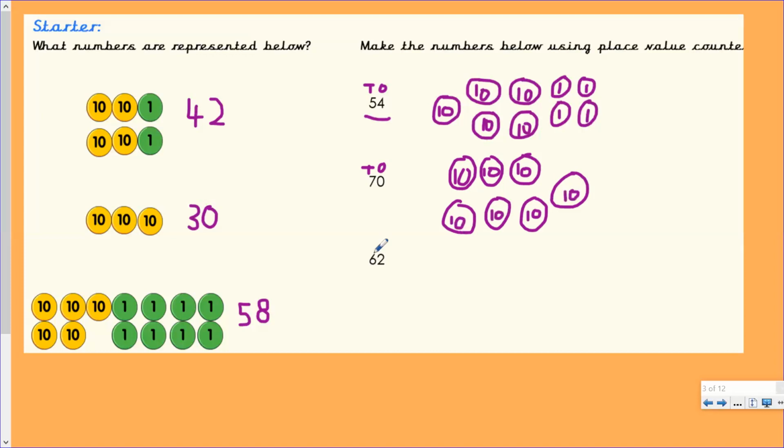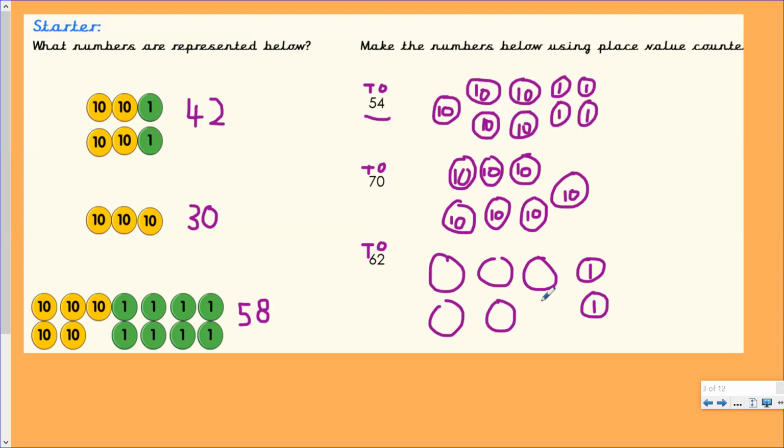Okay, and last one, let's look at our ones and our tens. How many ones do we have? 2. These both represent ones. And then how many tens do I have? 6. 1, 2, 3, 4, 5, 6.